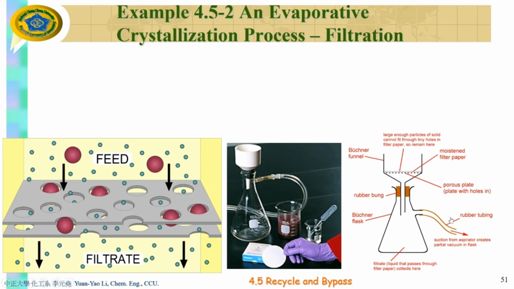You suck the air from here with a pump, so you make the separation more efficient. This is what you do when you are in high school or in the chemistry laboratory, right? So how are you going to do this on an industrial scale?